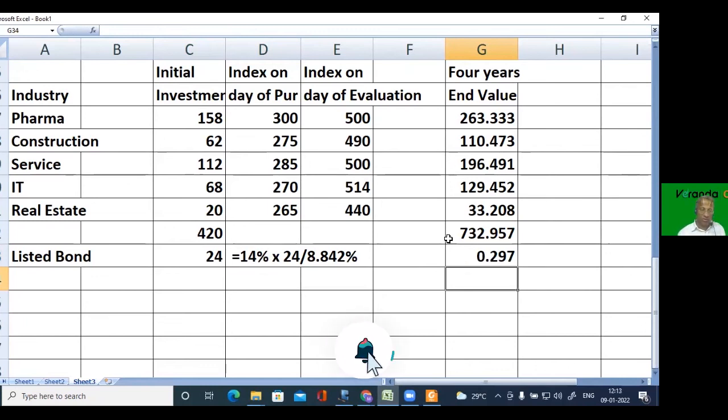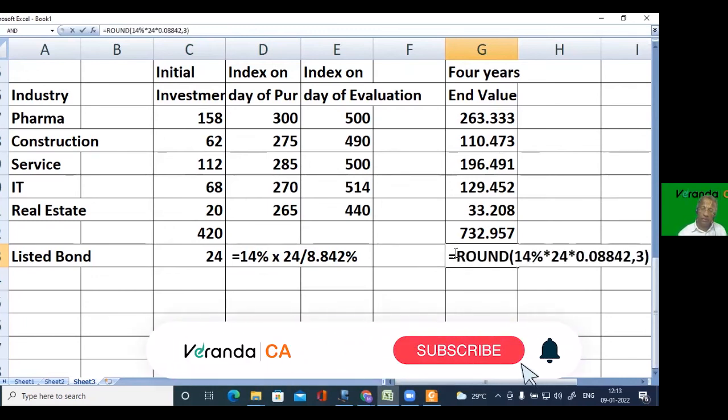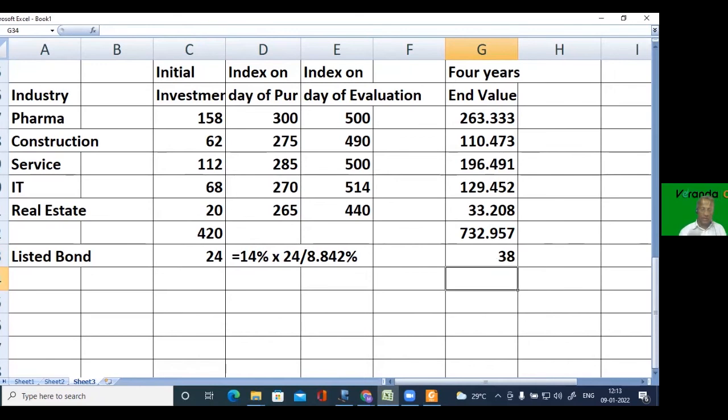I think we have this one from somewhere. Unlisted bond: assume no change.